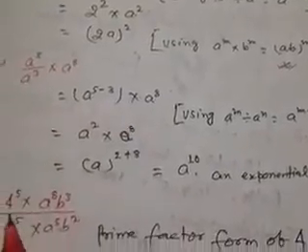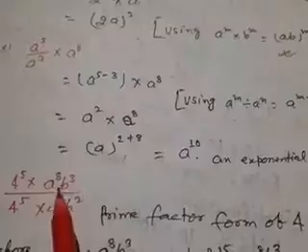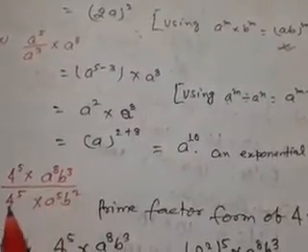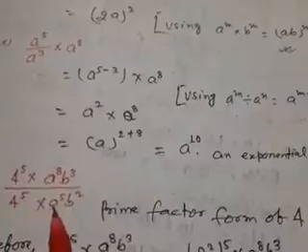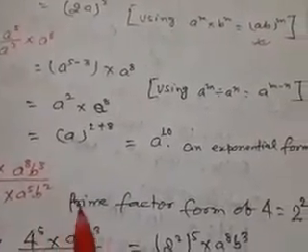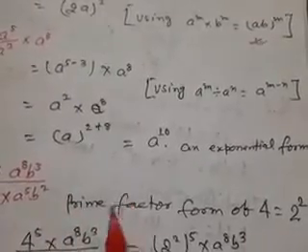The next question is (4 to the power 5 multiplied by a to the power 8 multiplied by b cube) divided by (4 to the power 5 multiplied by a to the power 5 b square). At first we write the prime factor form: 4 is equal to 2 square.